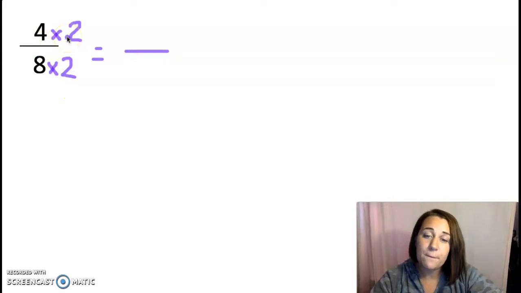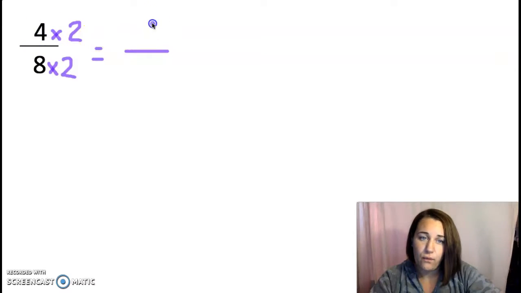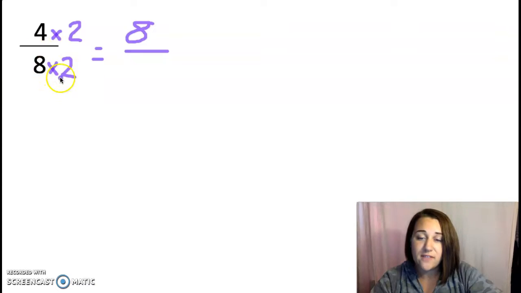I'm going to skip count by 2 on my 4. So 2, 4, 6, 8. 4 times 2 equals 8. Since I multiplied by my numerator, I put my answer as my new numerator. Now whatever you do to the top, you have to do to the bottom. So 8 times 2.